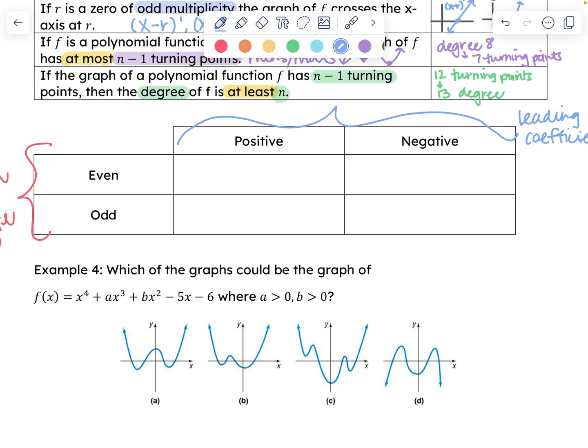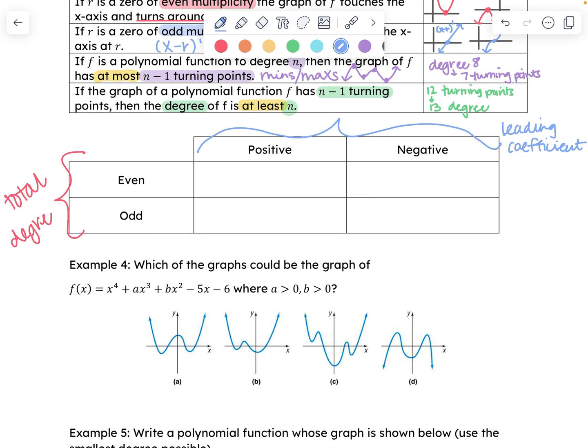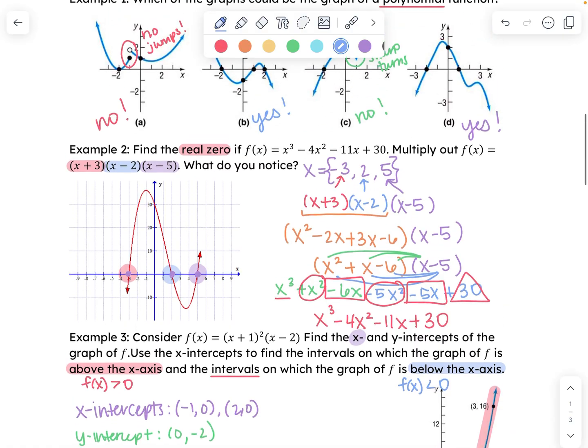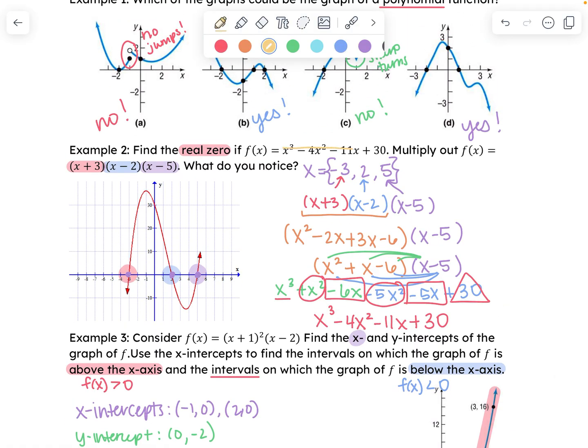So if you have an even polynomial, so that means that when you multiplied it all out and it looks kind of like this one did up here, where it's all multiplied out, you're talking about like this part right here. So you're looking at the leading term.